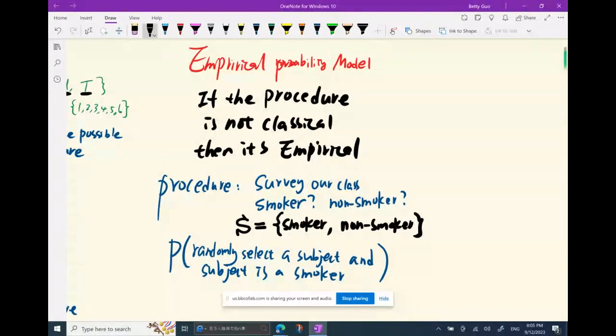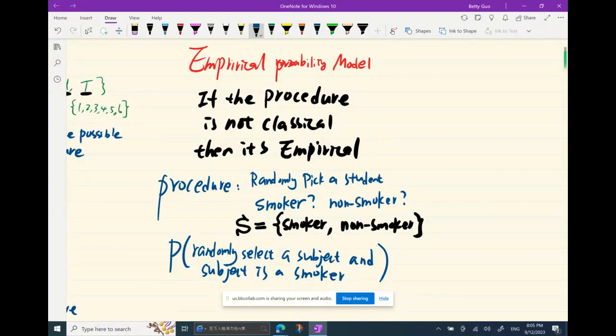My procedure is to randomly pick a person. Actually, let me repeat this. Randomly pick a student in a class and ask, do you smoke or not?